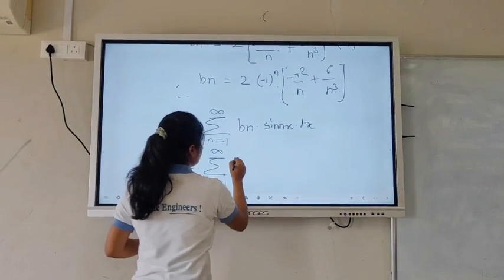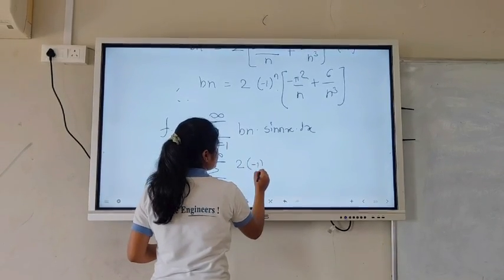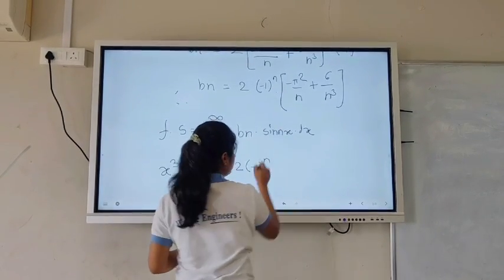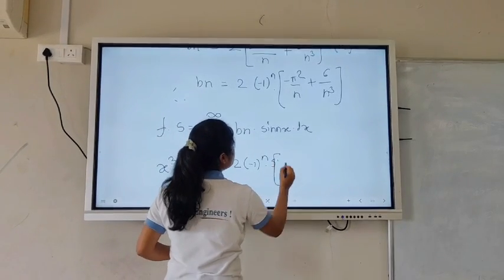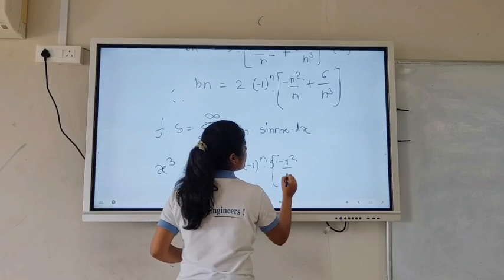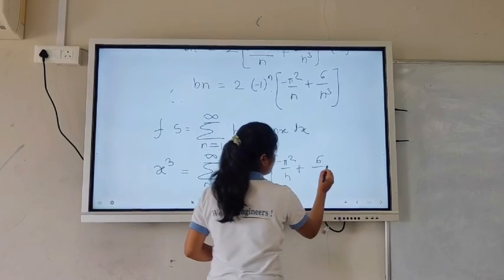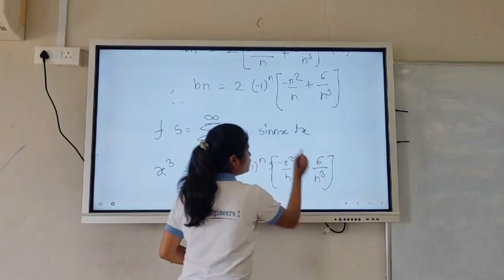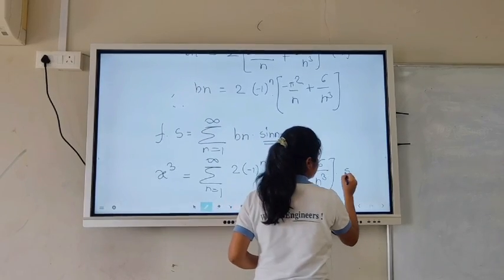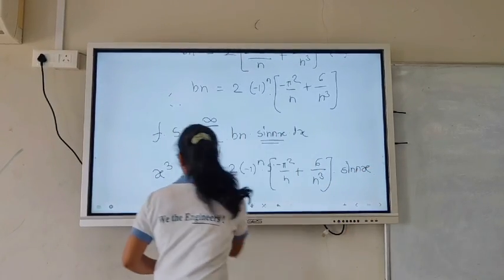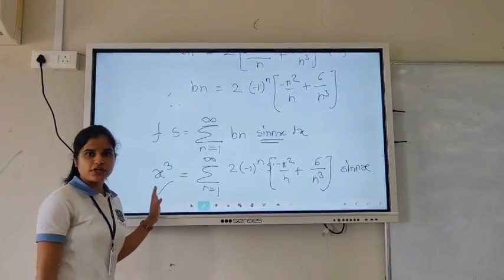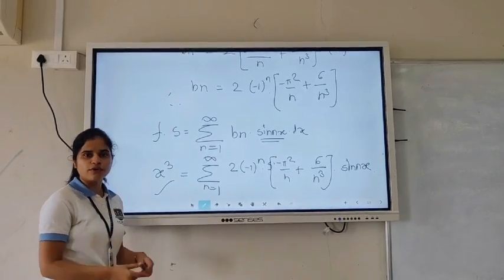What is our Bn? Bn is 2 into minus 1 raised to n. So I put this value here into minus pi square upon n plus 6 upon n cube into sin nx as it is. So this is our final Fourier series for Bn or for an odd function.